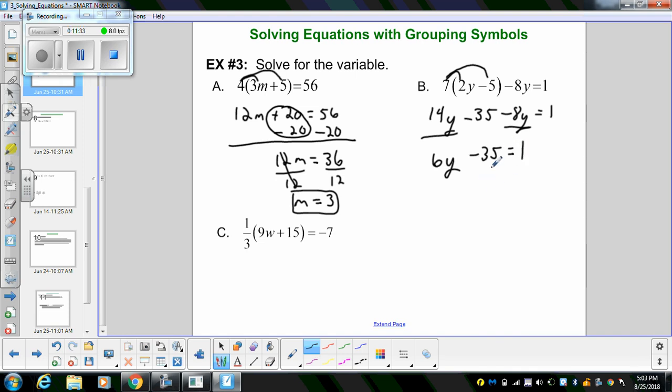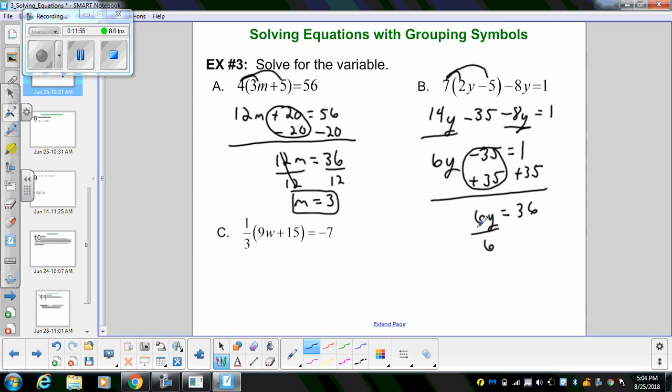Now I'm ready to go through my steps. Get rid of my constant, so the inverse of subtracting 35 is adding 35. So 1 plus 35 is 36. And then I'm going to divide. Okay, got ahead of myself there.